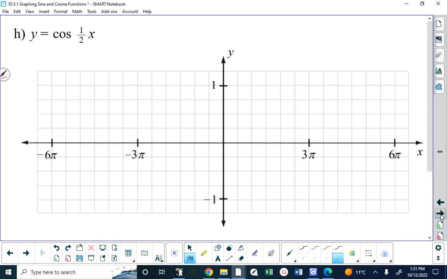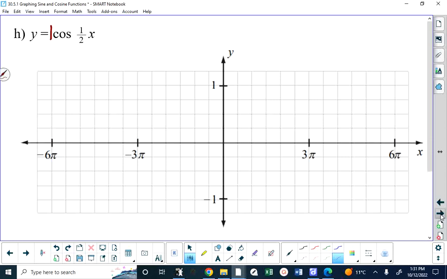What in that function is telling us -1 to 1? Because we learned the graph from before and remembered it. Right? But why? Cosine goes from -1 to 1. Why didn't that change in this one? Right. The coefficient A is 1.